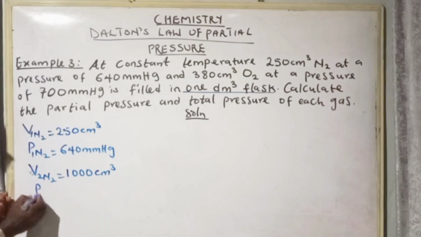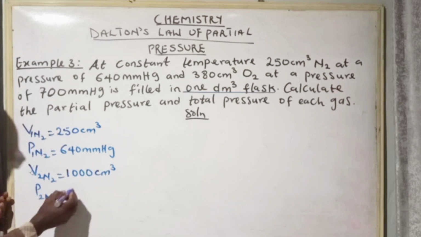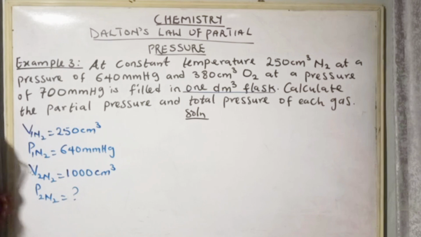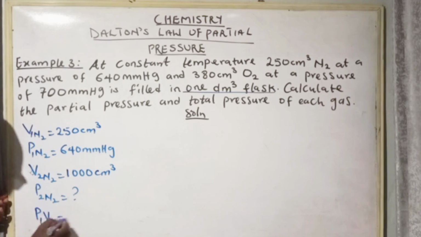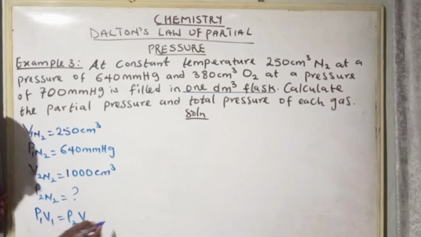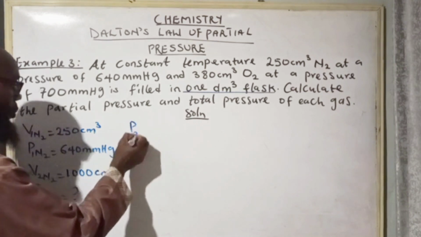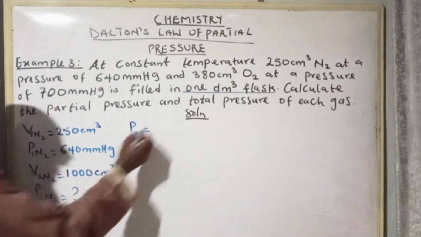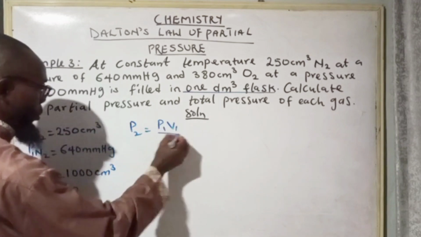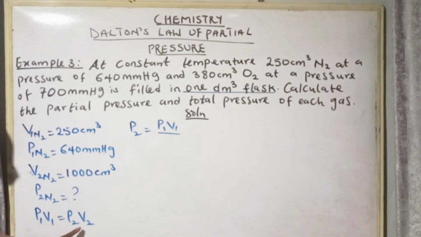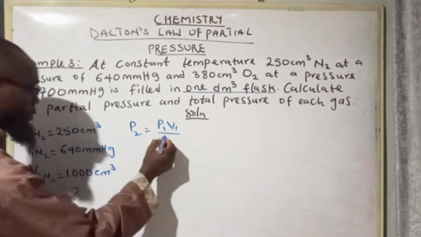So our P2 of nitrogen is what we have to look for, which is our partial pressure. From P1 V1 equals P2 V2, we have to look for P2 here. My P2 will equal P1 V1 over V2.